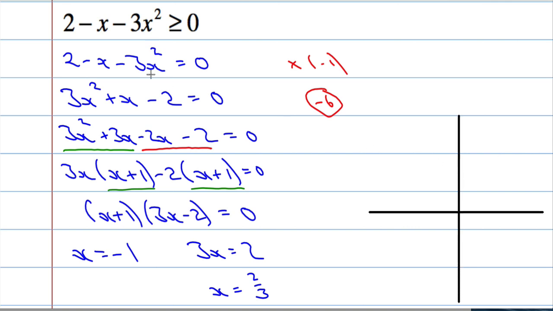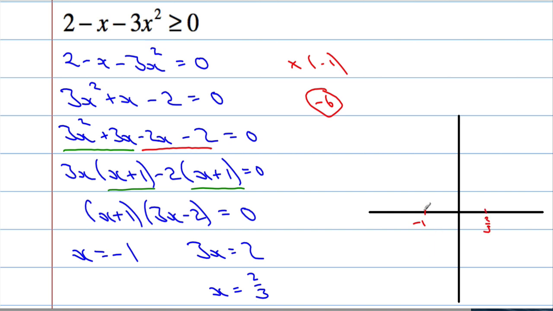Now what I've looked at is a reflection of the original quadratic when I factorised here. That would be a U-shaped graph, but this one here is actually going to be an N-shaped graph because it's -3x squared. The roots are still going to be the same. The roots are still -1, which is around about here, and 2/3, which is around about here.